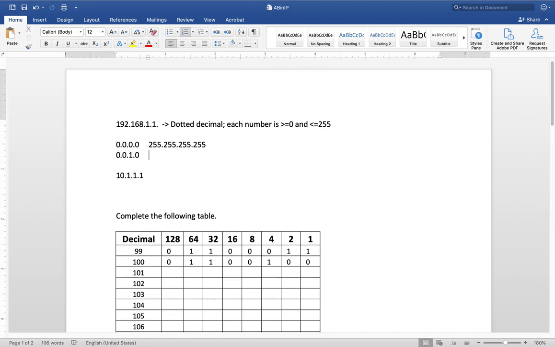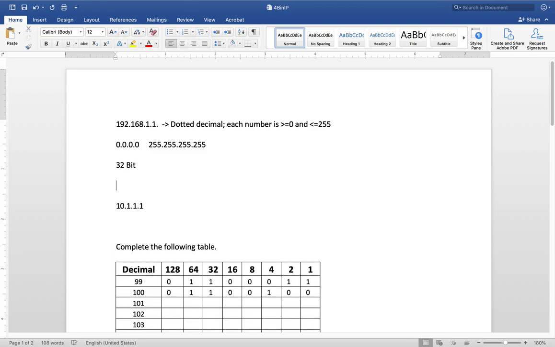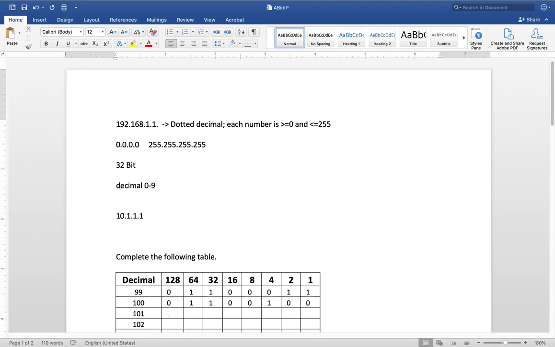All right. If you write an IP address in binary, it is a 32-bit number. So in computer science, everything is in binary, ones and zeros. In real life, we use the decimal number system. In decimal, we have 10 symbols, 0 to 9, and we write numbers using the decimal number system.